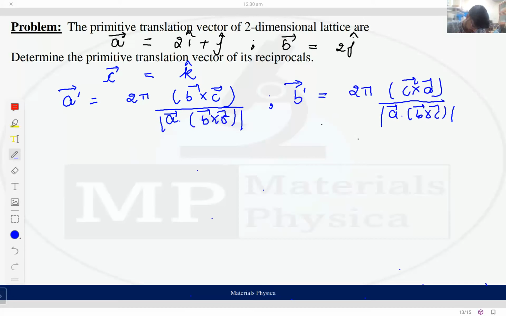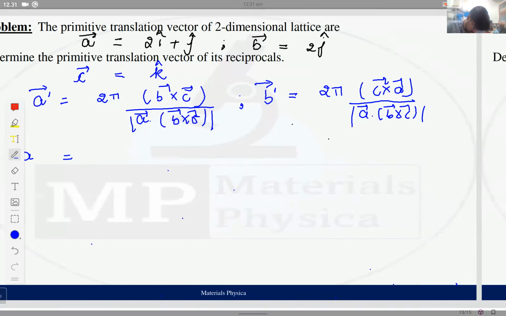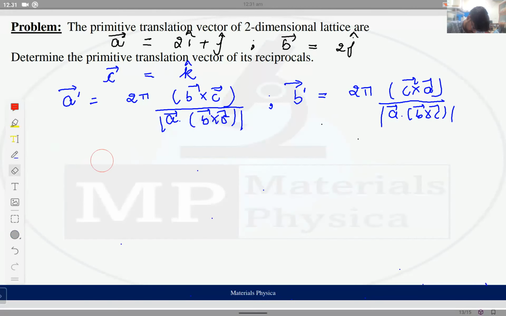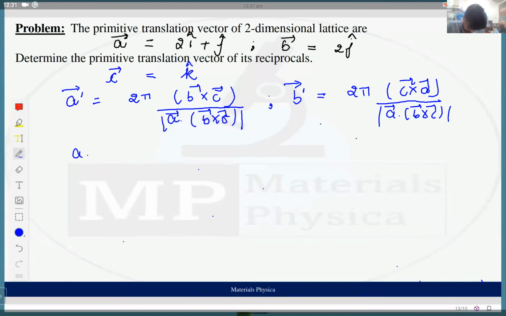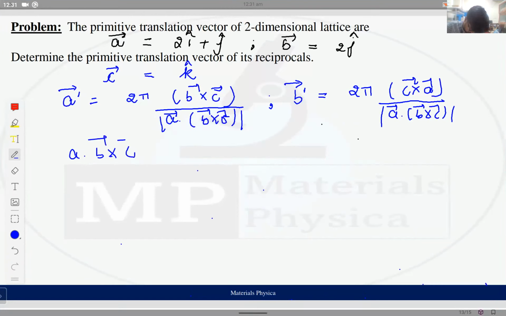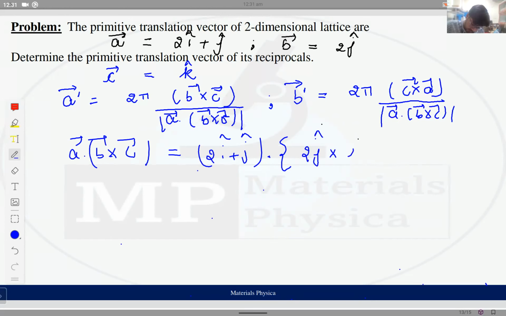First we can calculate the volume of the unit cell, a dot b cross c. a is 2i plus j, dot, and the b vector is 2j, cross, and c is the k vector.